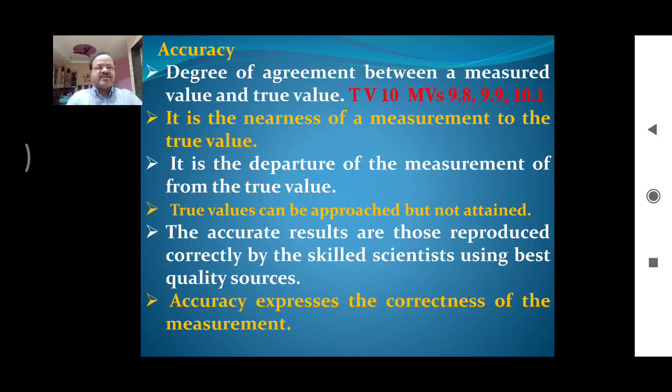So what is the reason behind this? True value is considered as the value at ideal conditions. We have to maintain all those ideal conditions, then only is it possible to approach the true value, but maintaining all these ideal conditions is not possible.